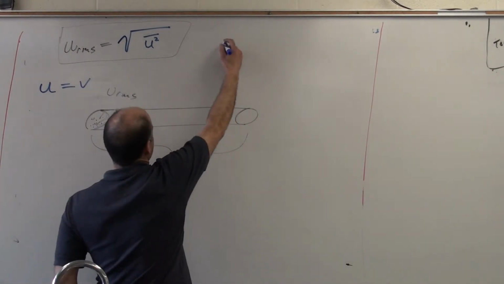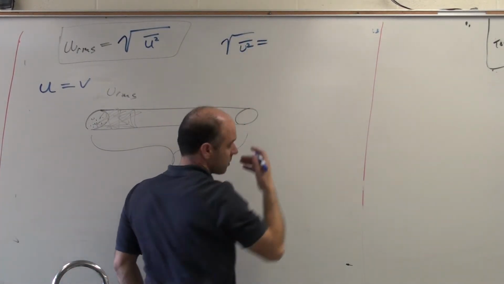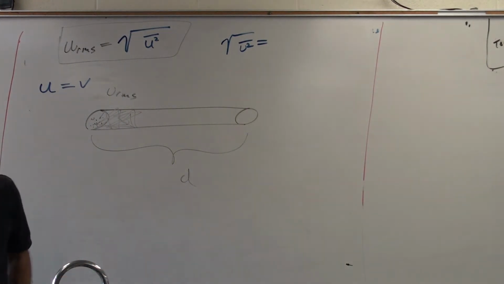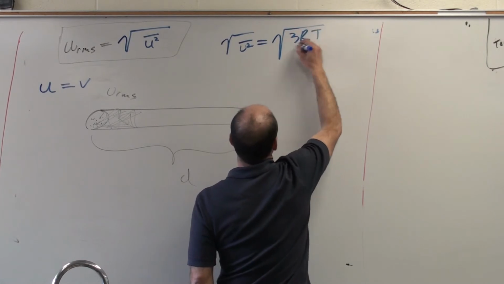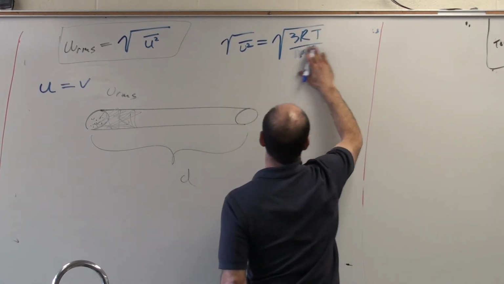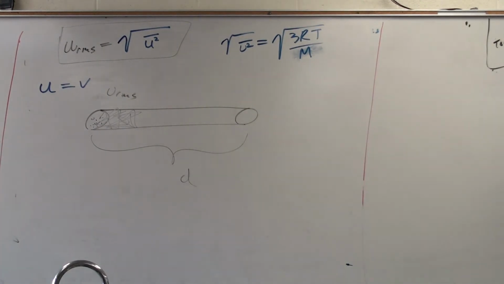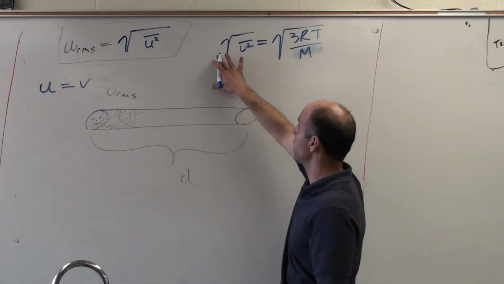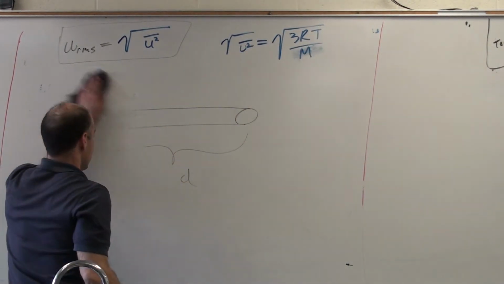The root mean squared is equal to the square root of 3RT over M. I won't go through the mathematics of it because we did that back when we did chapter 5. But basically, if you take the kinetic energy, you can set it to 3/2 RT, you can get this.